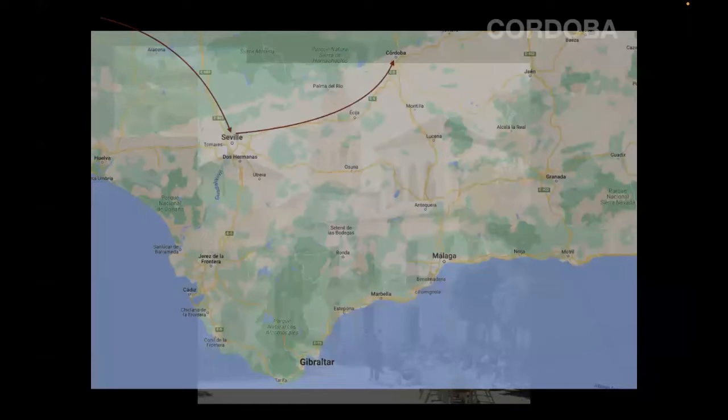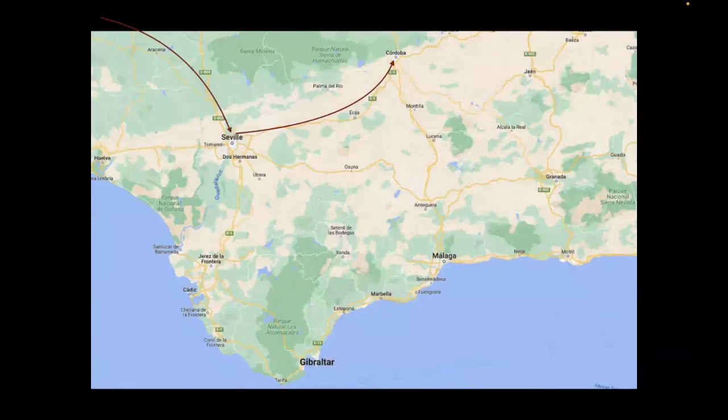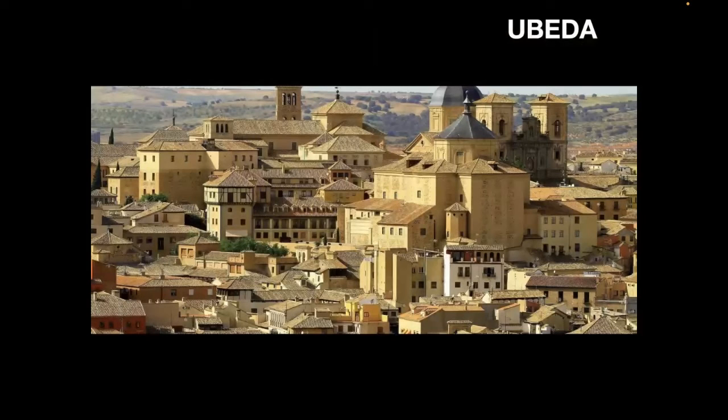So we will talk about all these and see the Jewish quarters in Cordoba. And after that, after our time in Cordoba, we will drive to Granada, visiting a Renaissance town of Ubera on the way.